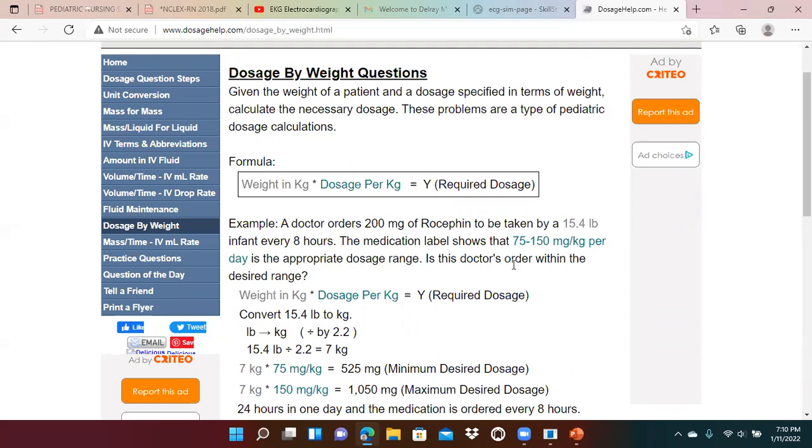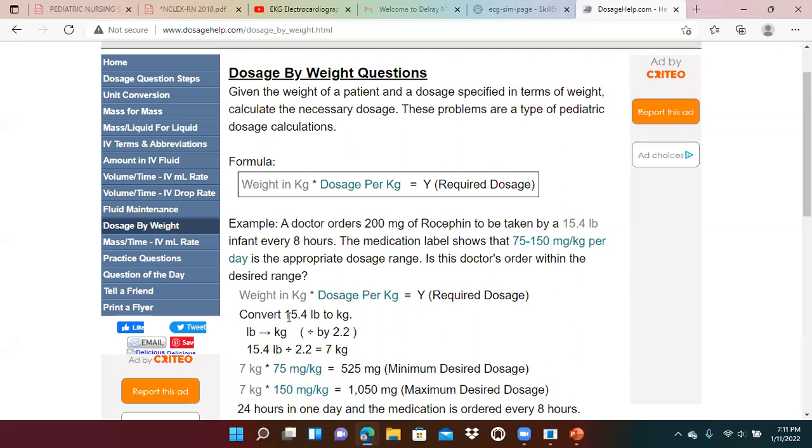So is the doctor's order within the desired range or not? We know that required dose equals weight in kilogram times dose per kilogram.